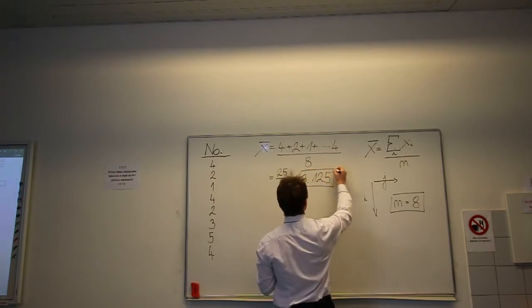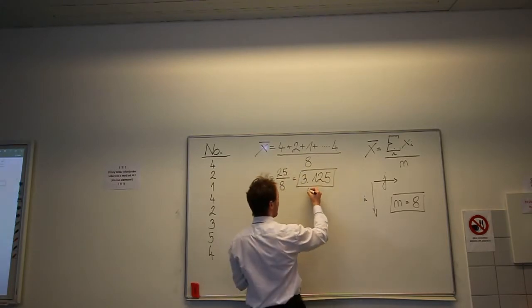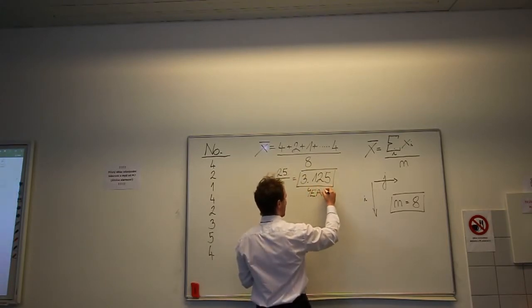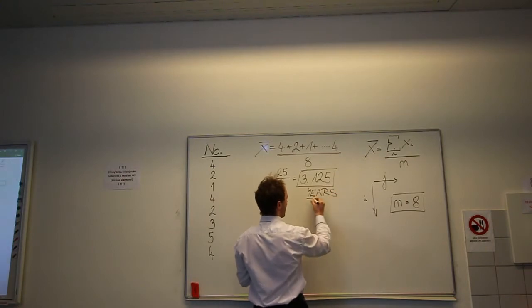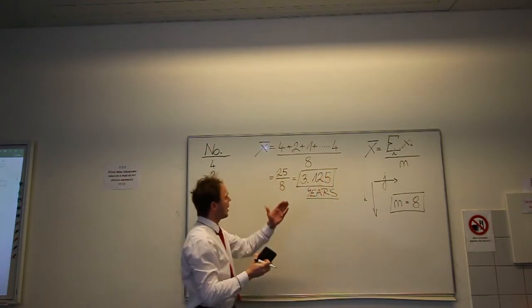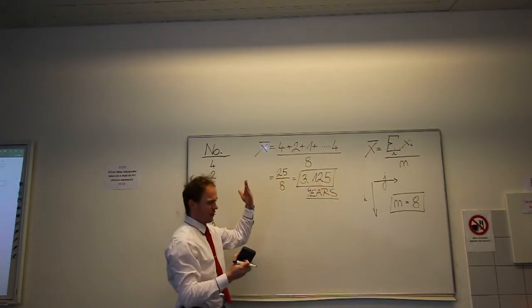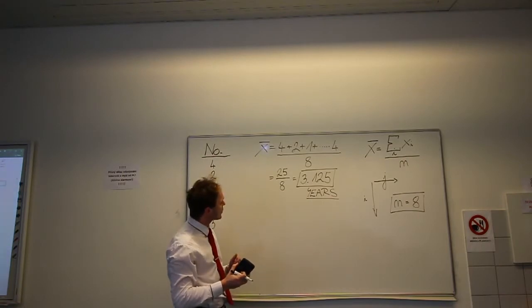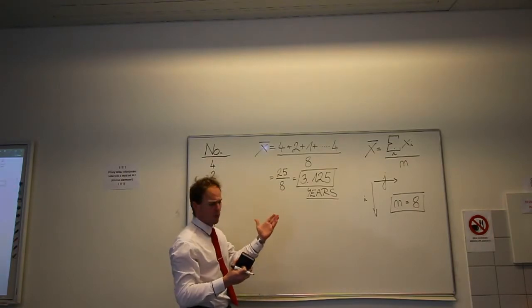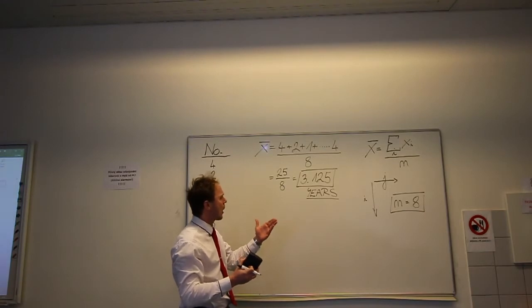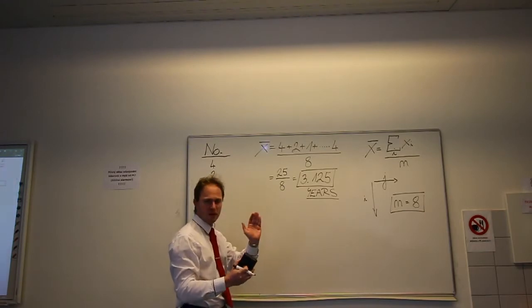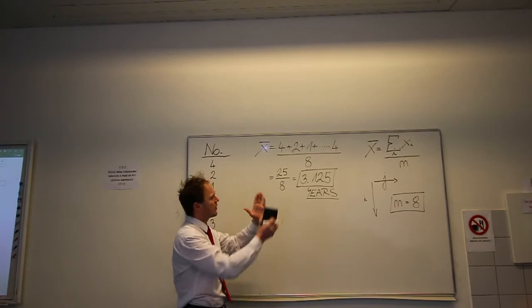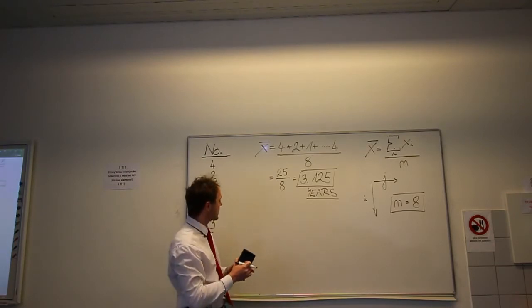This is the mean calculated in years, the basic unit. So something more than 3 years is the average time spent in jail of this statistical sample.